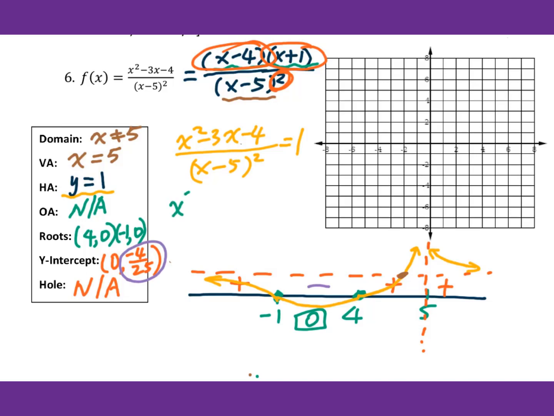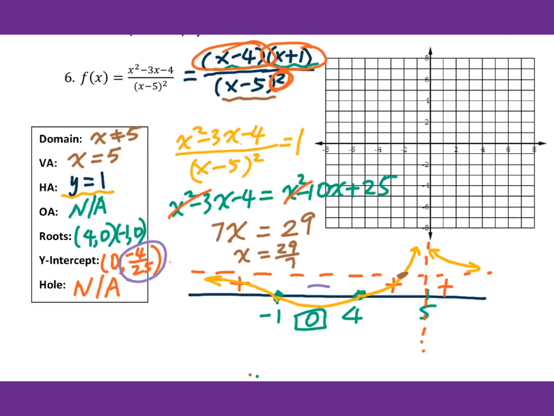We get x squared minus 3x minus 4 equals, multiplying by (x minus 5) squared on both sides, x squared minus 10x plus 25. So x squared is gone. Then you can get 7x equals 29, x equals 29 over 7. Therefore, for this point, it will be (29/7, 1).